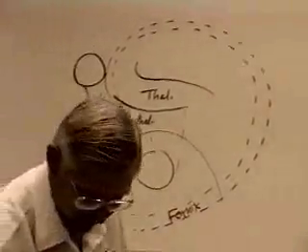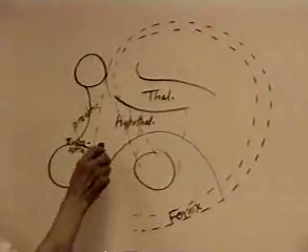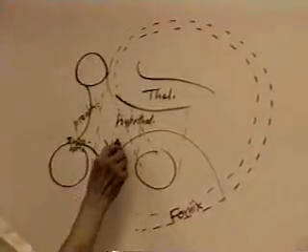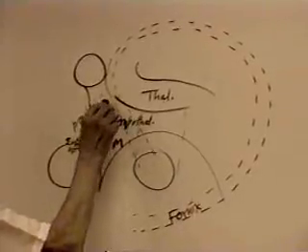The middle contains the ventral medial and dorsal medial and paraventricular.